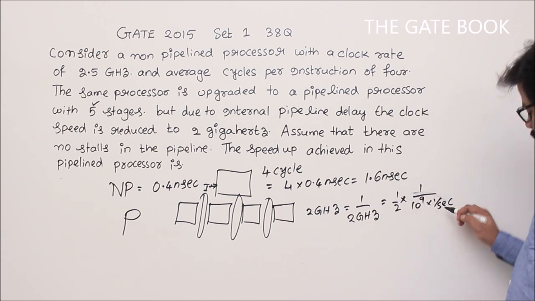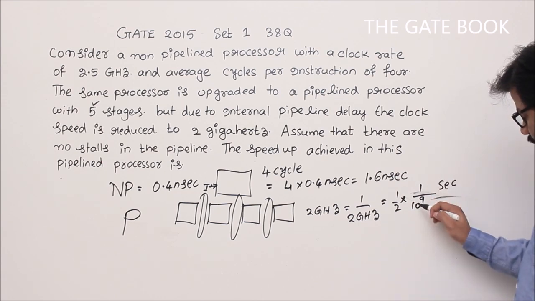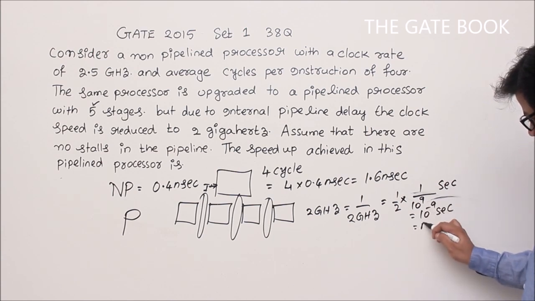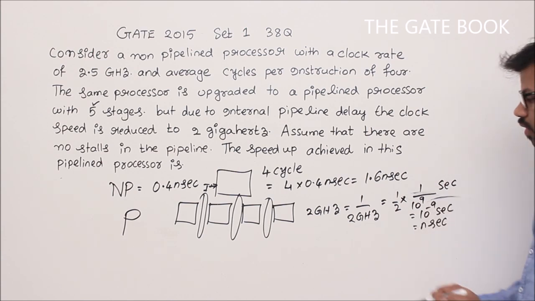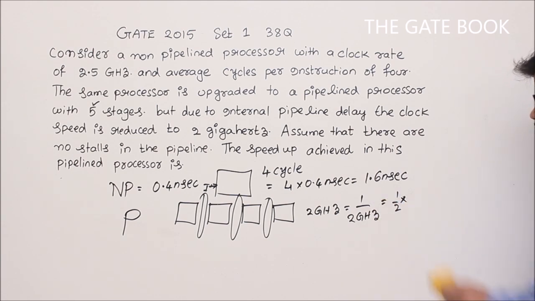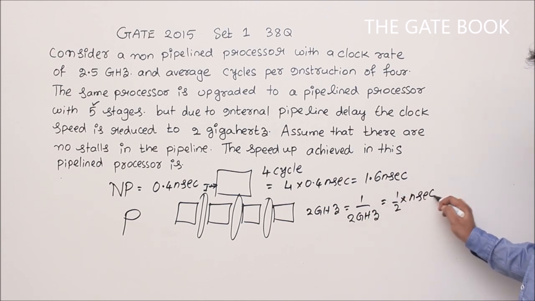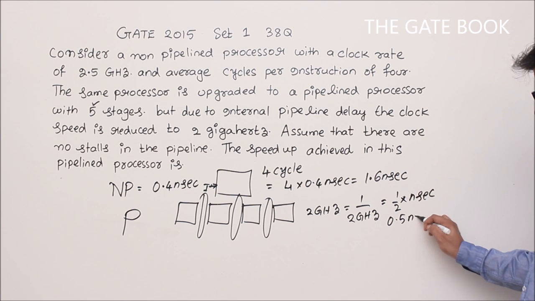So 1 by second, if it goes up, it becomes second. So 1 by 10 power 9 is 10 power minus 9 second, and 10 power minus 9 is nano. So from now onwards, whenever you have 1 by gigahertz, I blindly convert to nanosecond. So it is 1 by 2 into nanosecond, which is nothing but 0.5 nanosecond.